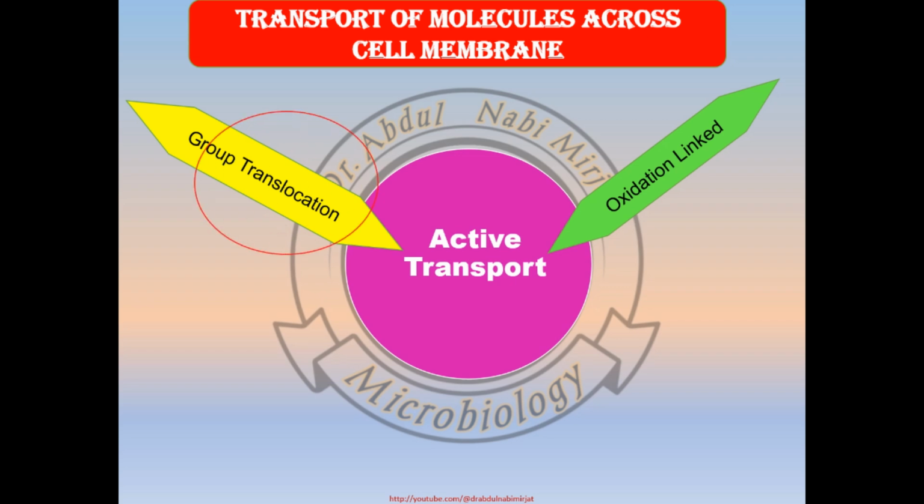In group translocation, transported molecules are chemically modified, such as glucose being phosphorylated, meaning first the molecules are chemically changed, and then they are transported. In oxidation linked transport, molecules are transported in an unchanged form, such as ions and amino acids.